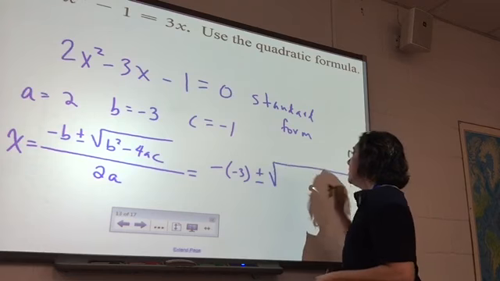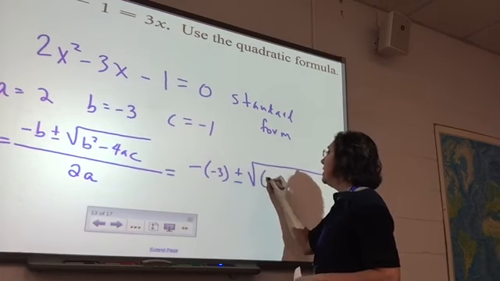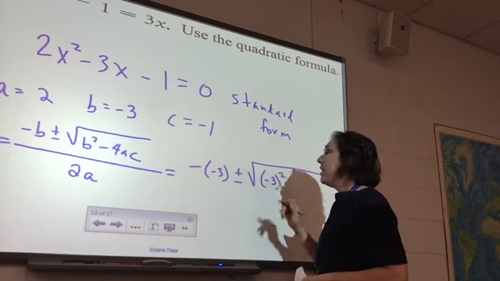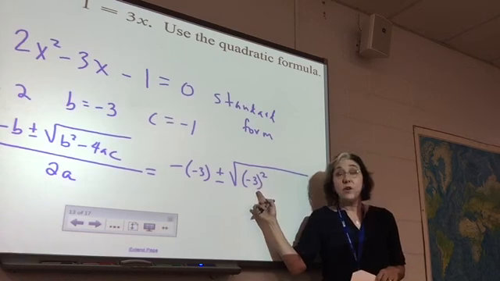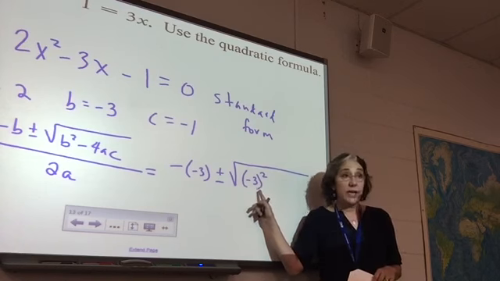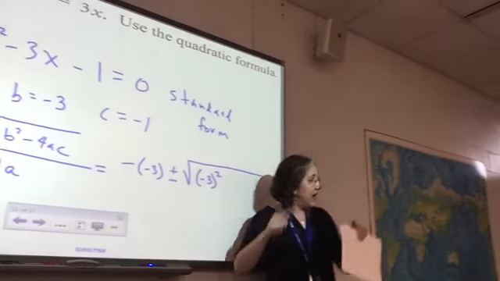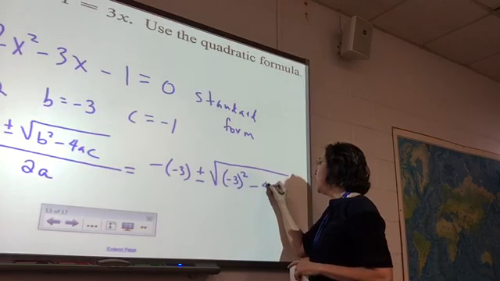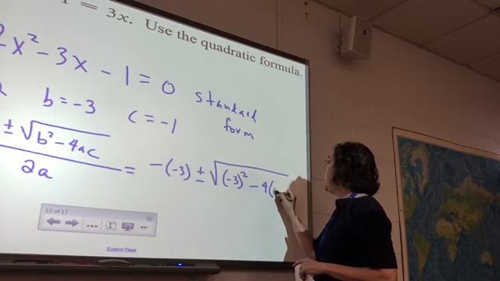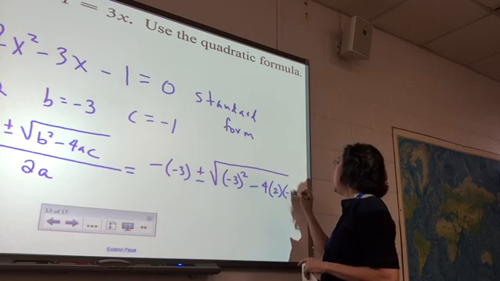Square root of b squared. Now, if you're typing that into your calculator and you leave off the parentheses, you're going to get it wrong because the -3 is supposed to be squared. Minus 4 times 2 times -1.